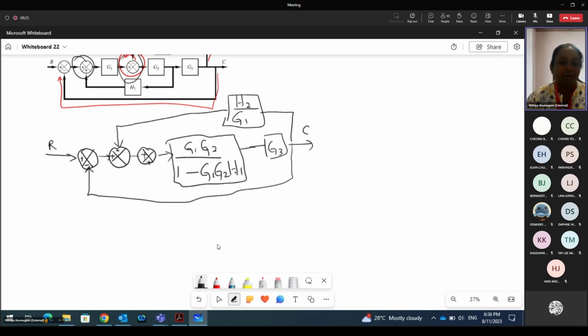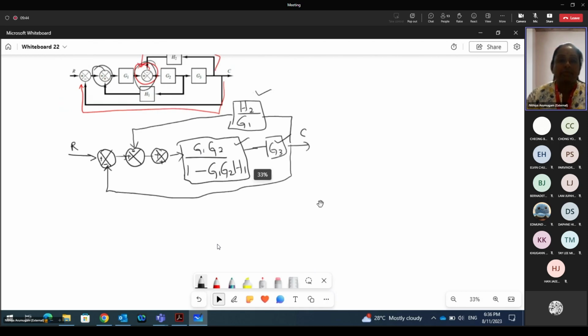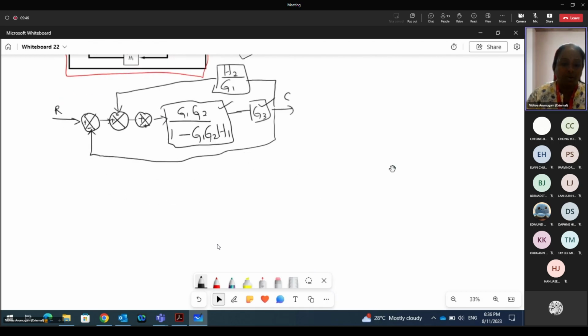Now, from the positive feedback loop, we want to combine all. If you notice, this block and G3 are in series. And then we have another block here, H2 and G1. How to combine all this? We're going to eliminate the H2 G1 loop here.